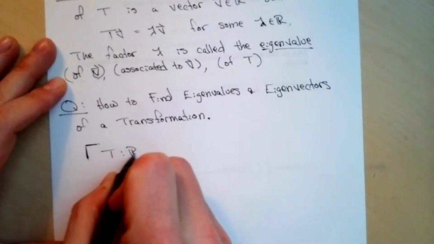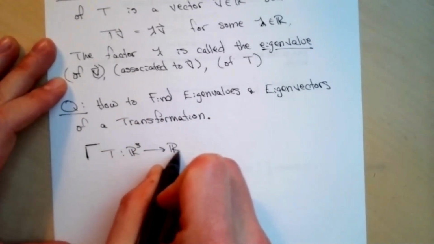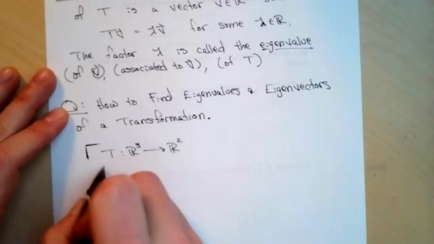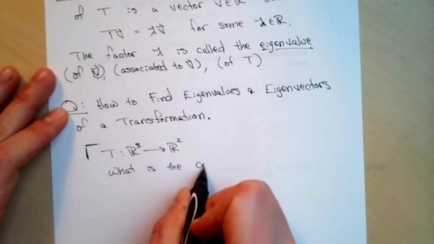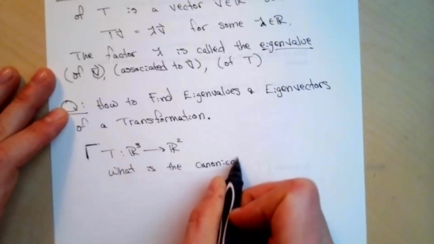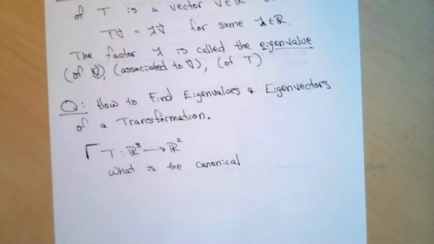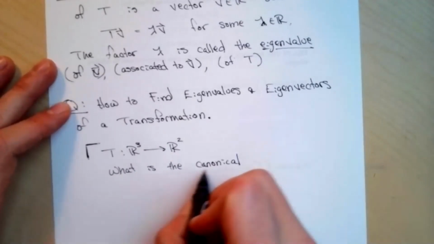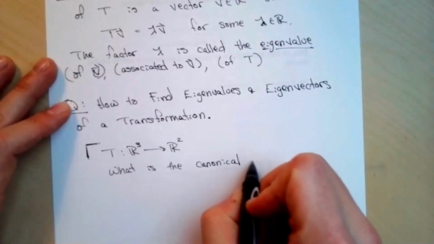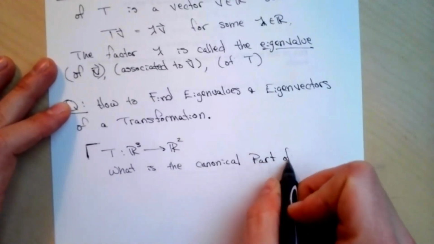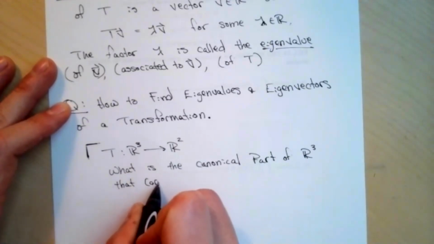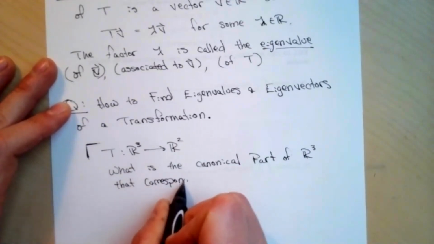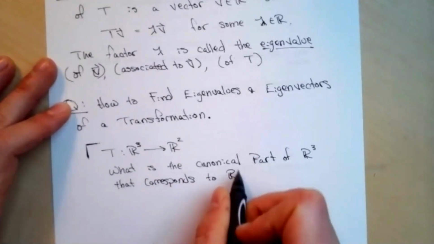If we have R3 to R2, a higher dimension to a lower dimension, what is the canonical part of R3 that corresponds to R2? Canonical means the absolute, almost the gospel way of doing it.